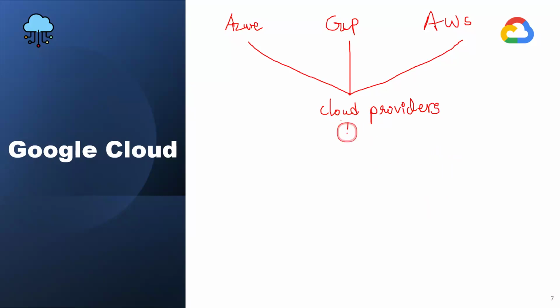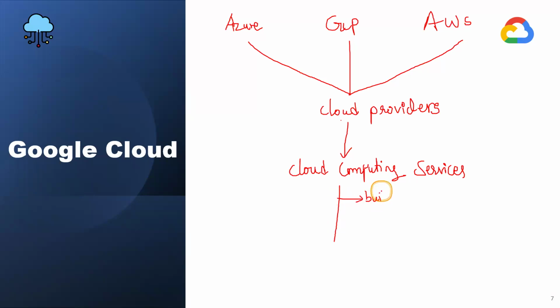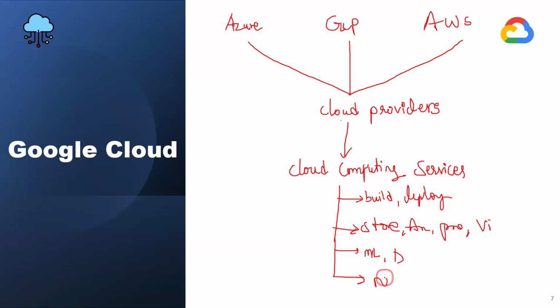That means they are going to provide you the cloud computing services, and these services are very useful for the organizations to build an application, deploy an application, scale an application, store some data, analyze the data, process the data, visualize the data, create some machine learning models, deploy some machine learning models, or take care of the networking activities.